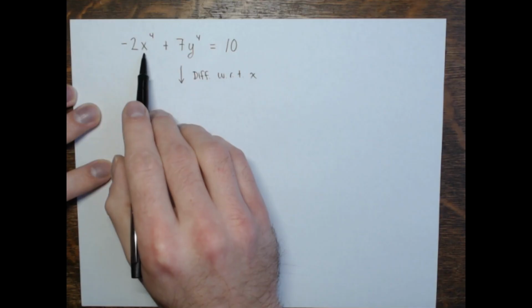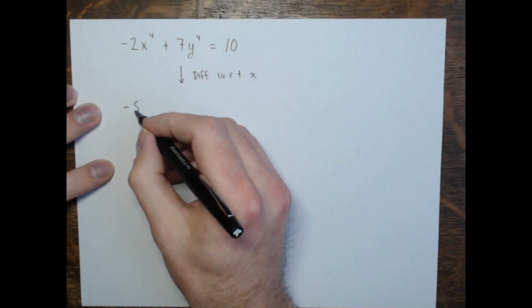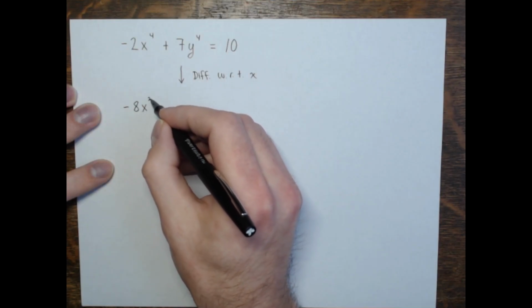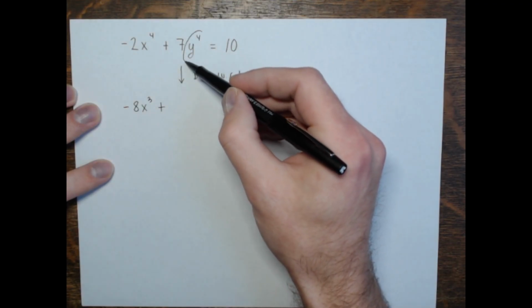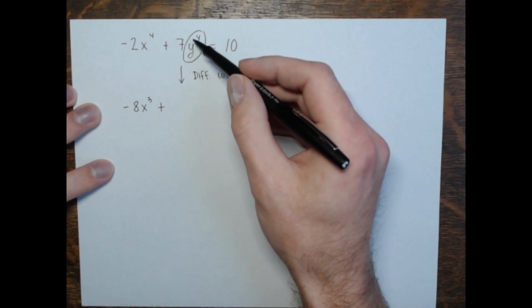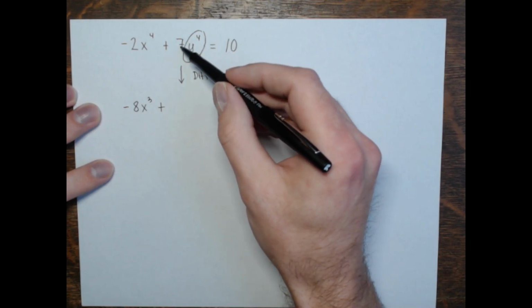First term here, treat like normal. It has only x involved, so that'd be -8x cubed plus, and then you got this y to the 4th power here. Remember, I'm doing the chain rule with this. This is a function of x. Something with x is something to the 4th power.